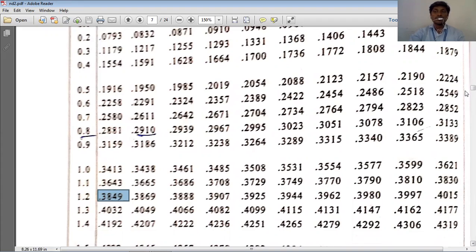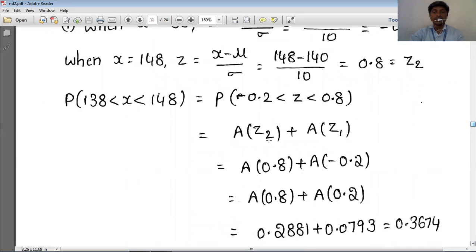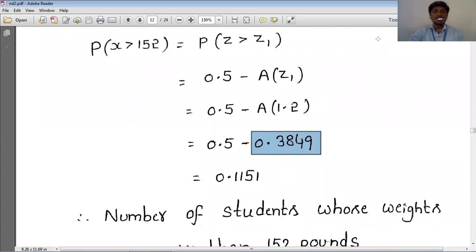So we substitute 0.3849. After substituting, 0.5 minus 0.3849, we get 0.1151. Okay, but this is the probability.